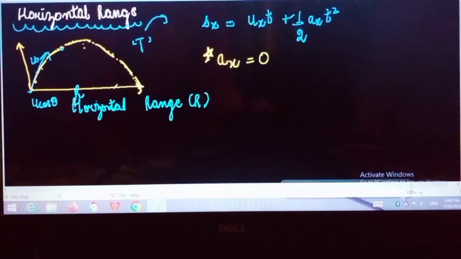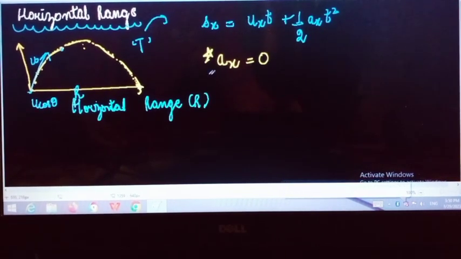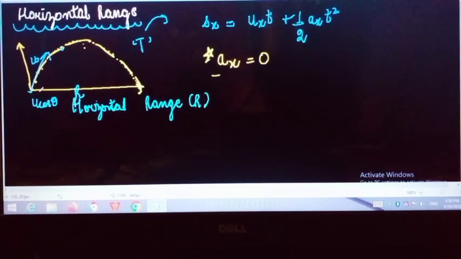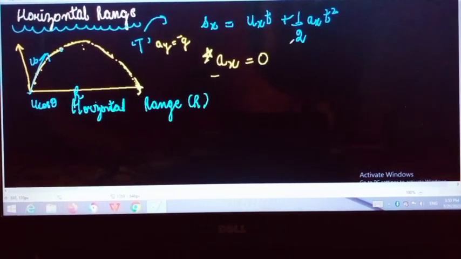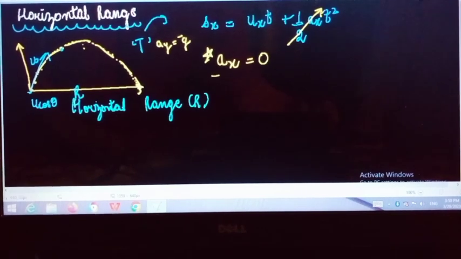For the ideal case, there is no external force in the x-axis, so we can infer that ax is 0, and the only acceleration acting on the projectile is ay, which is minus g. So this term is cancelled. We are left with only one term, which is ux and t.